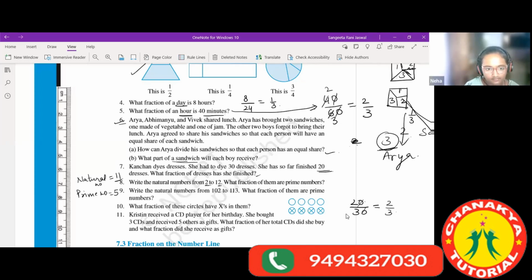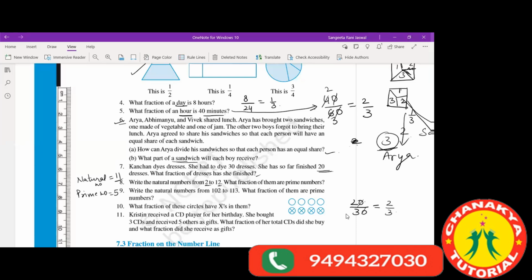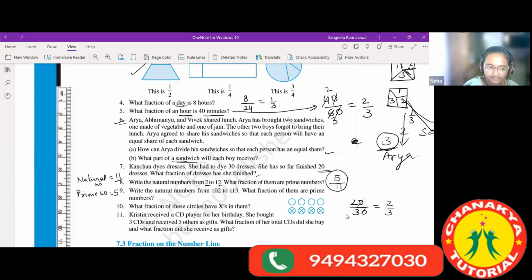So what will be the fraction? Write the natural numbers from 2 to 12. What fraction of them are prime? So natural numbers from 2 to 12 are 11. Then prime numbers are 5. So what will be the fraction? 5 by 11.